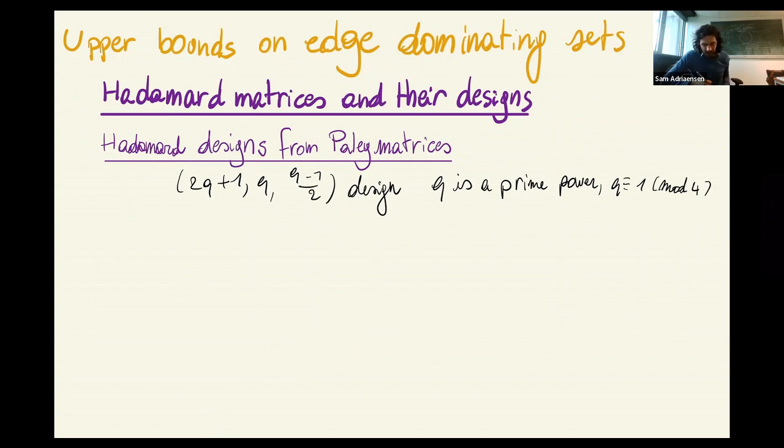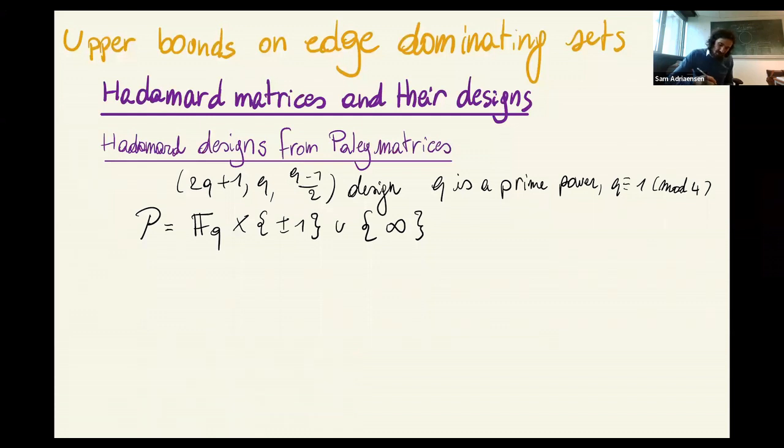And how do you make this design? Well, the points of your design consist of two copies of the finite field of order Q, and an extra point at infinity. And there's a polarity in your design, so you can use this to define the blocks. For this, we will define the quadratic character.